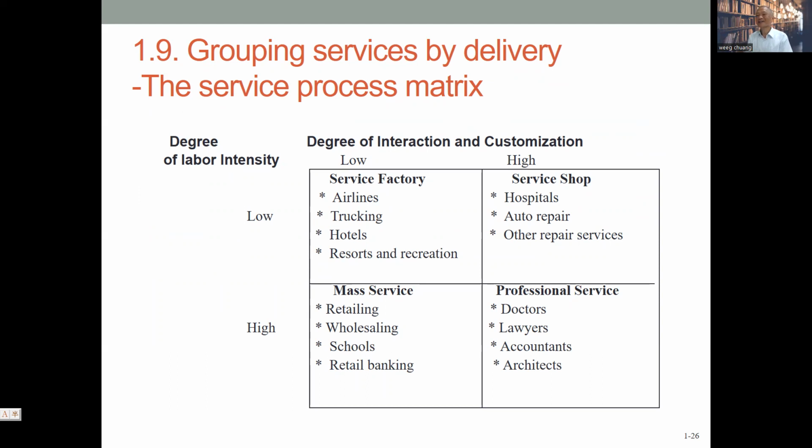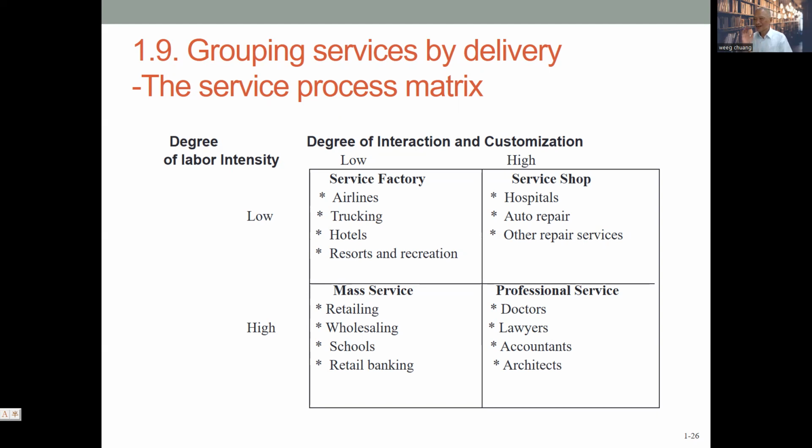And next topic, we'll talk about grouping services by delivery. Under this category, we have the service process matrix as shown in this slide. We distinguish four different kinds of situations according to degree of interaction and customization. The x-axis is the degree of interaction and customization, and the y-axis relates to degree of labor intensity.